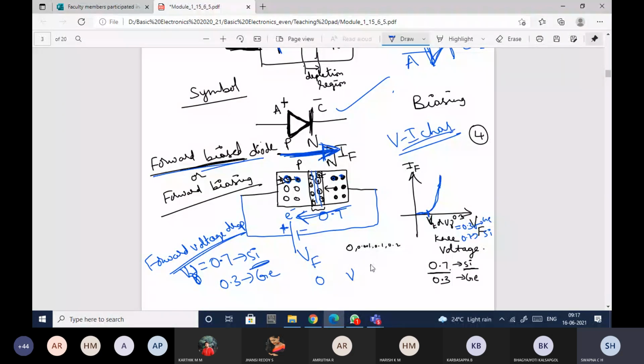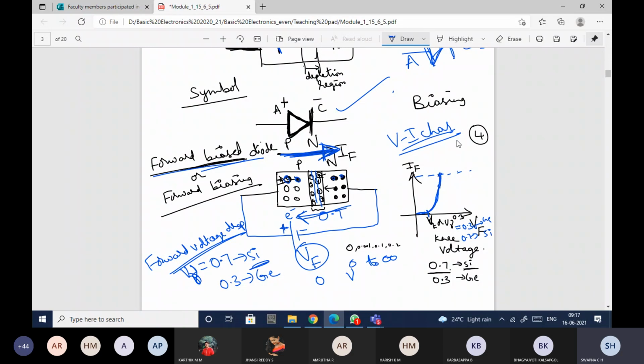Okay, fine. One more thing: until 0.7 very small current will flow, and after that the current will increase linearly like this. But there is a limitation on the maximum forward current. It is not that VF can be increased from 0 to infinity. There is a limit on the maximum forward current, which will be specified by the manufacturer.